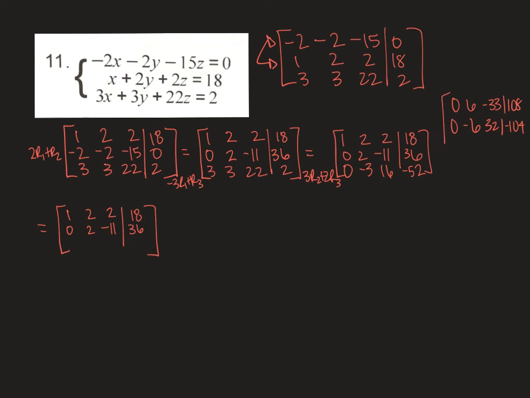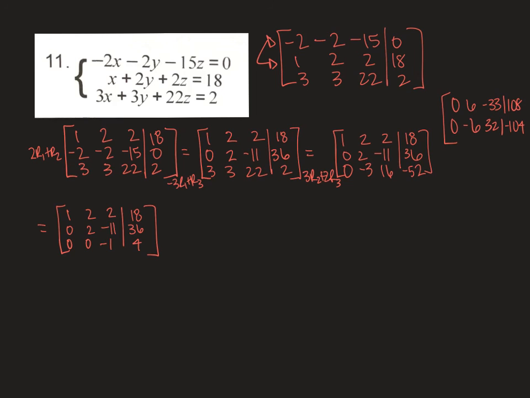And then we're going to add these 2 together to become the third row. So 0 plus 0, 6 plus negative 6, negative 33 plus 32, and 108 plus negative 104.